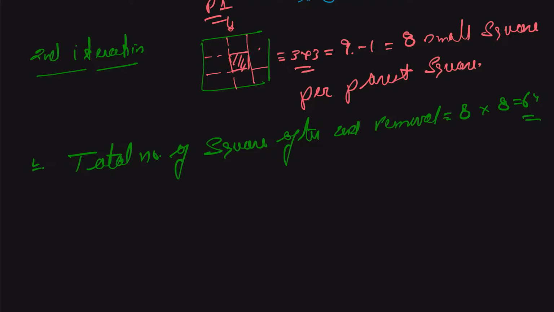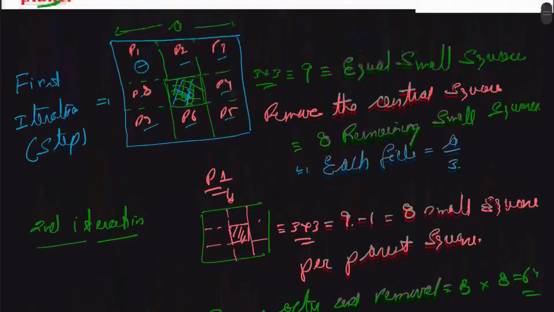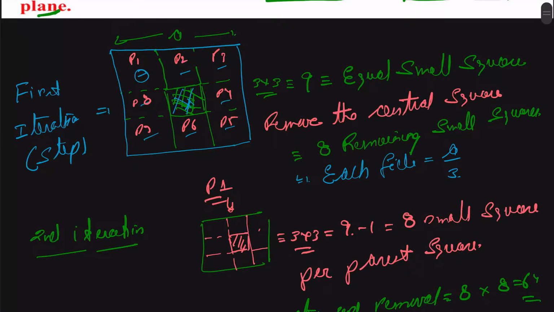And here we are supposed to find the moment of inertia about the axis which passes through the center of the original square. Therefore, here we can say that we have a total of 4 squares that will be our corner squares, and a total of 4 squares that will be our edge squares.